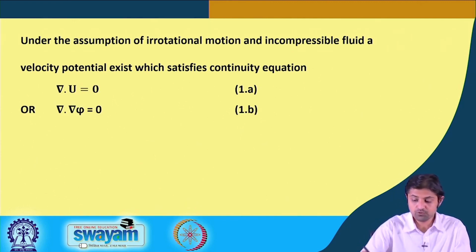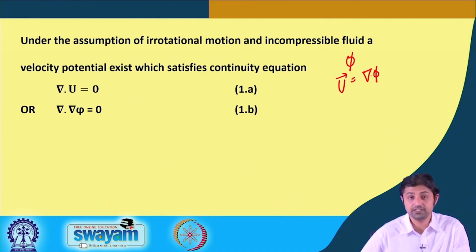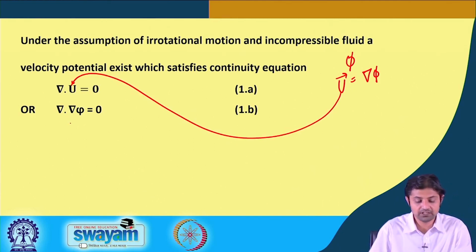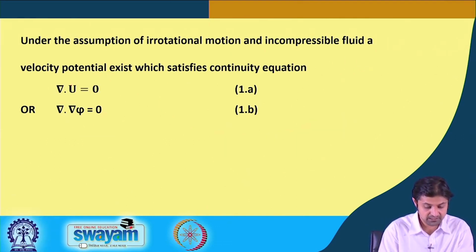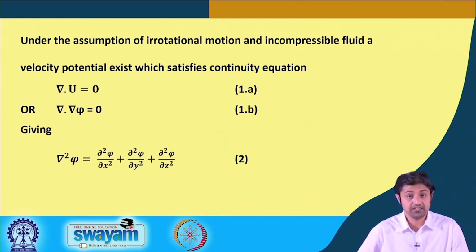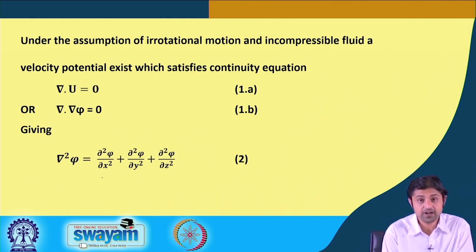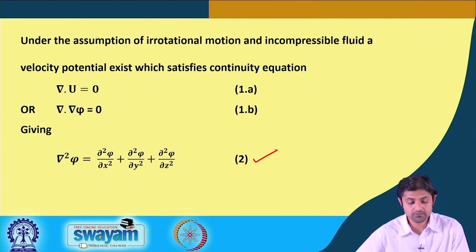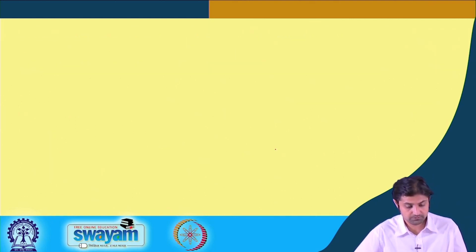Or we know that if there exists a velocity potential phi, then u can be written as del phi. So putting this here, we will get del dot del phi, and this is nothing but del square phi, which means del square phi by del x square plus del square phi by del y square plus del square phi by del z square. We call this equation number 2, all right.